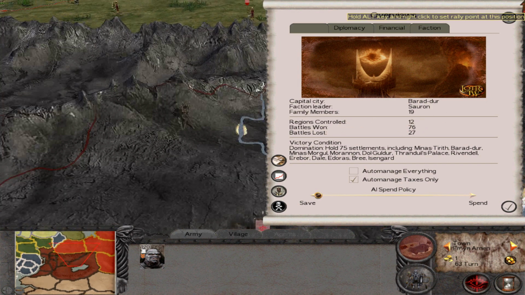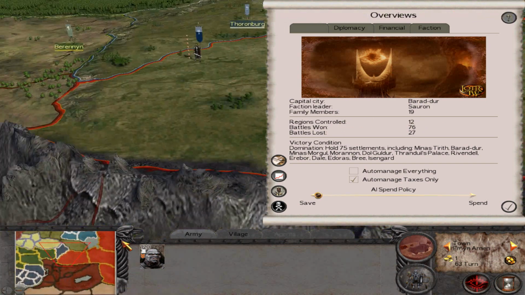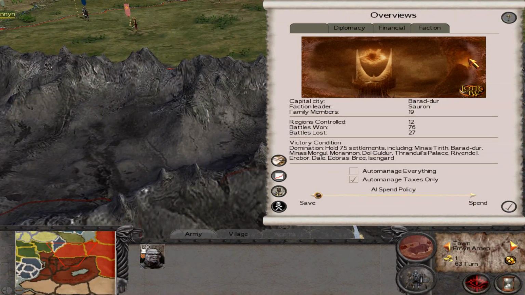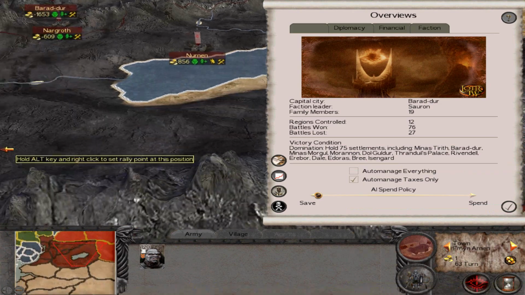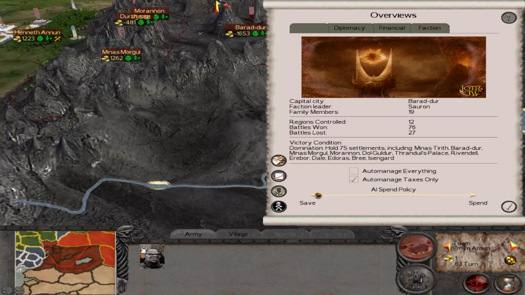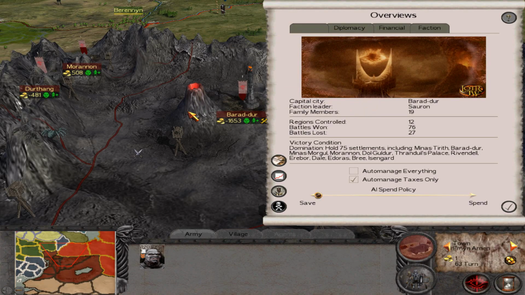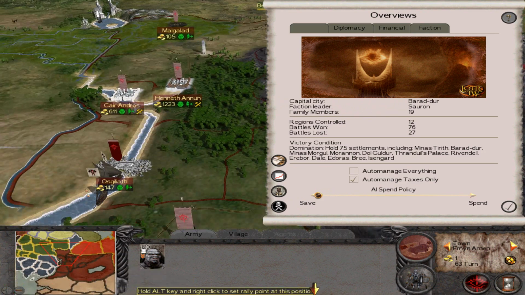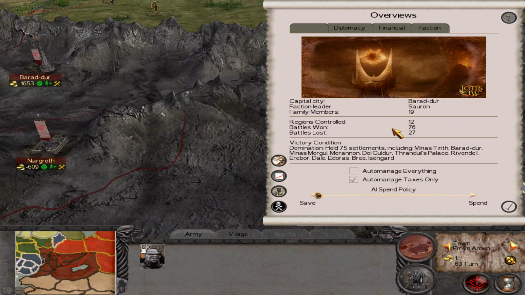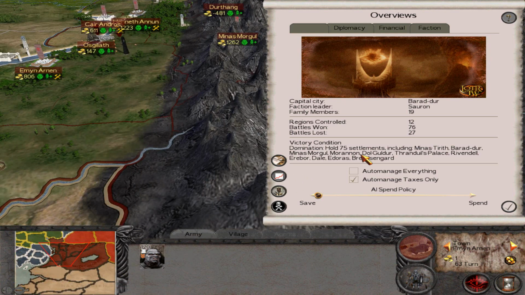The Nazgûl are immortal. If they die, they will respawn at Barad-dûr. They cannot be killed; they will always respawn unless the ring is destroyed. If the ring is destroyed, then all of Mordor will be destroyed. The Nazgûl will die, Sauron will die, etc. But now Sauron has the ring, so we weren't very far into the campaign, and I believe the turn number is 62.